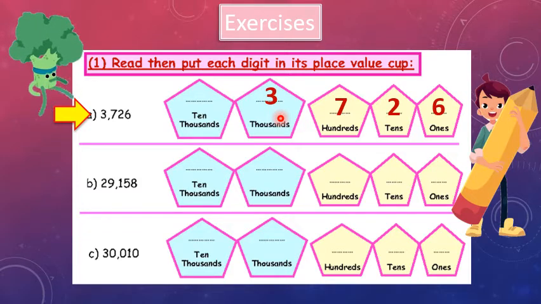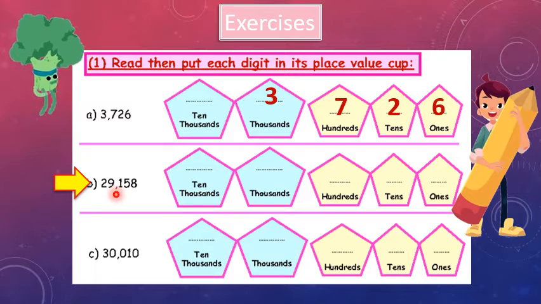3. Second one, here we have ones, tens, hundreds, and put our comma, which is called thousand. Then read the number to the left of this comma, which is called 29,158.